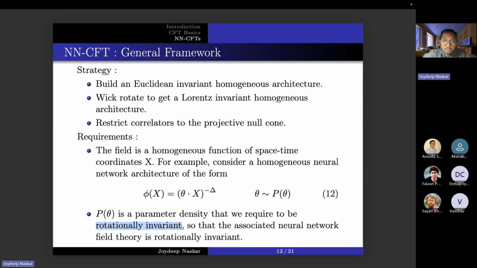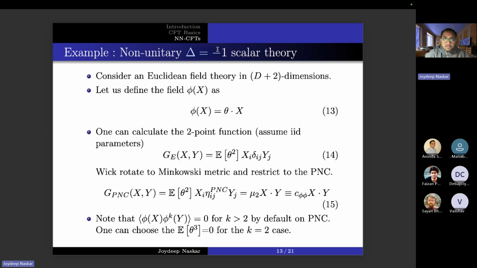This is required to ensure the correlators are also rotationally invariant. The simplest thing you can think of that satisfies these two conditions is equation 12, and we will take the simplest version where delta is equal to -1. That is, phi of x would be theta dot x.